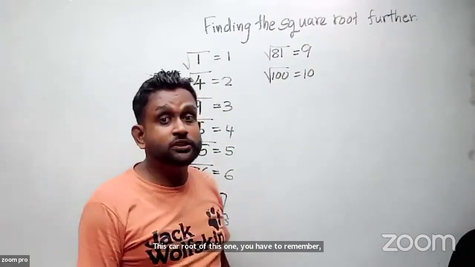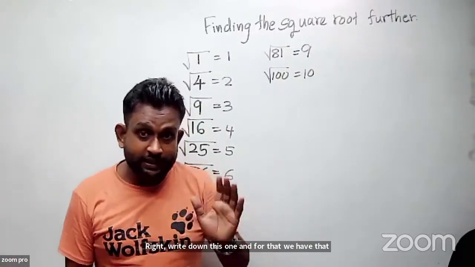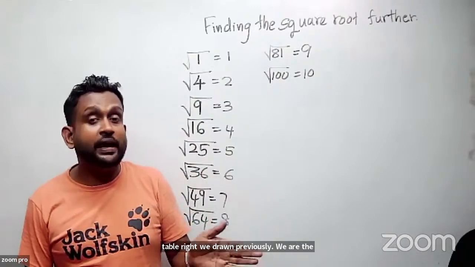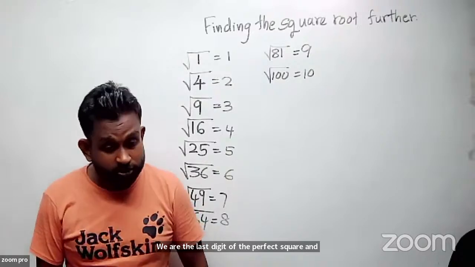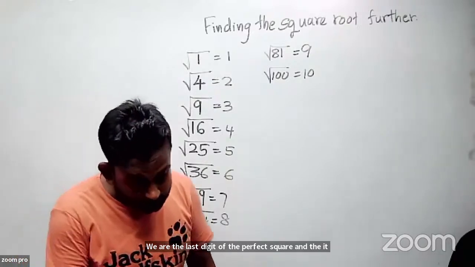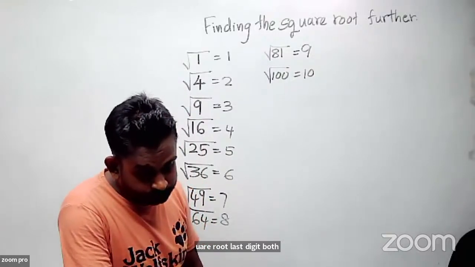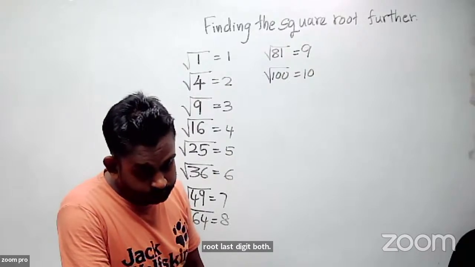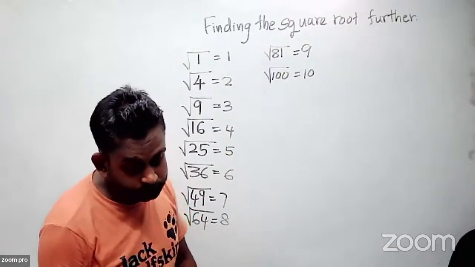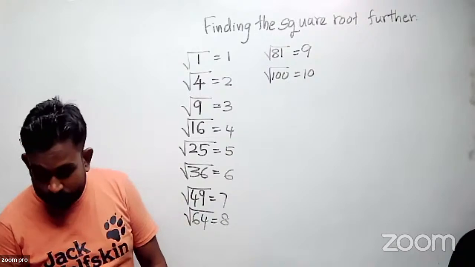And further we have that table, right? We drew it previously, with the last digit of the perfect square and the last digit of the square root, both. Write down these things.